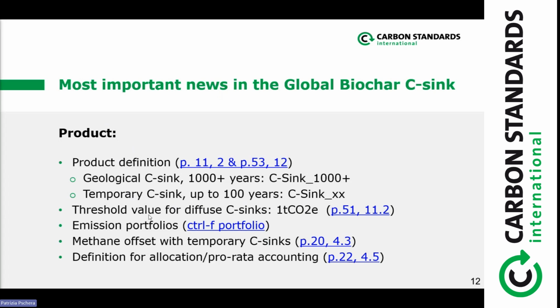There is a threshold value for the diffuse C Sinks, that's 1 ton of CO2 equivalent. We introduce emission portfolios. You have the possibility to offset methane with temporary C Sinks, and we defined rules for pro rata accounting or allocation.